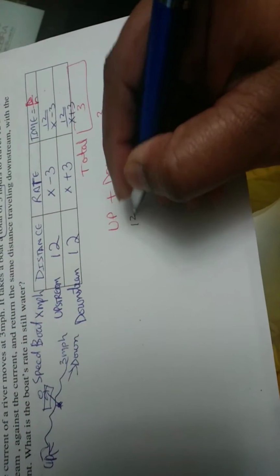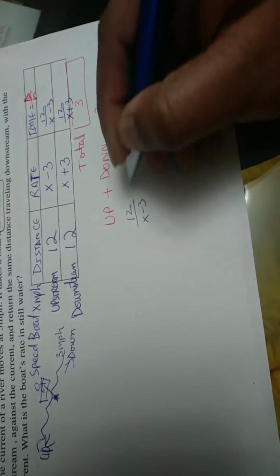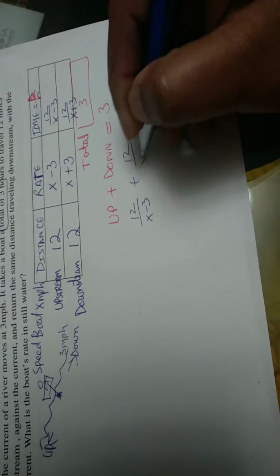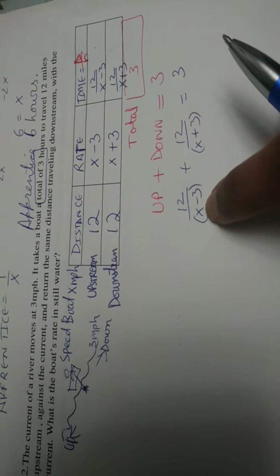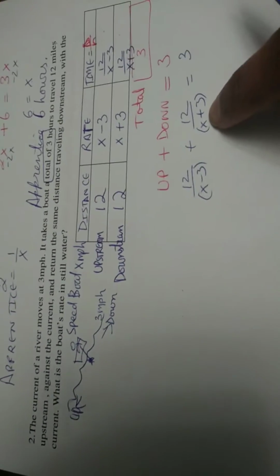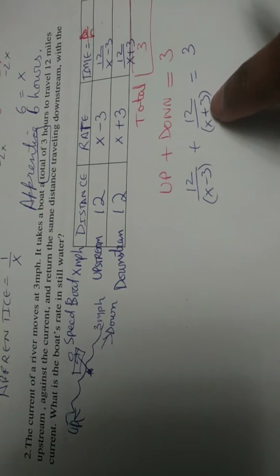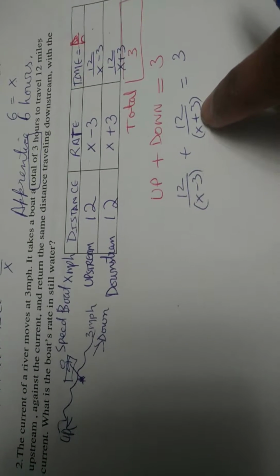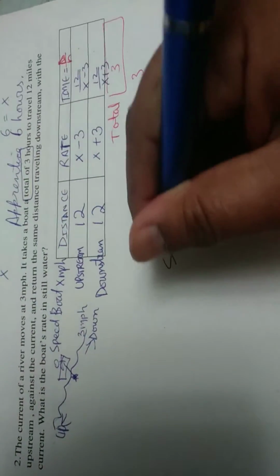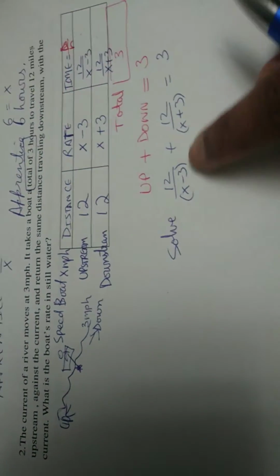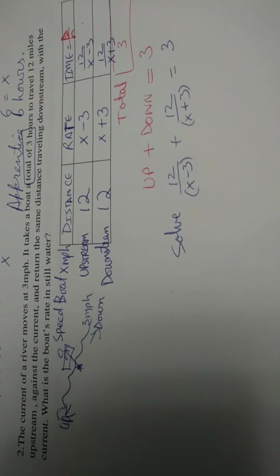So here we have 12 over x minus 3 plus 12 over x plus 3 equals 3. Now again, if you observe, we have a rational equation. We know that x cannot be 3 or negative 3. These 2 values are not allowed for this equation, because then your denominator becomes 0. But whenever we have to solve a rational equation, first we have to get rid of the denominators.